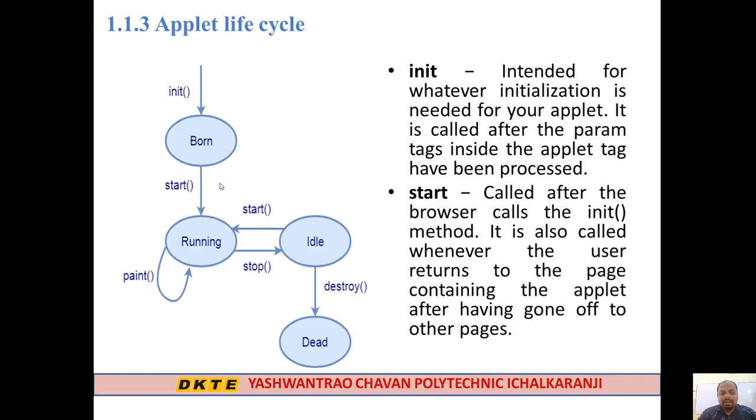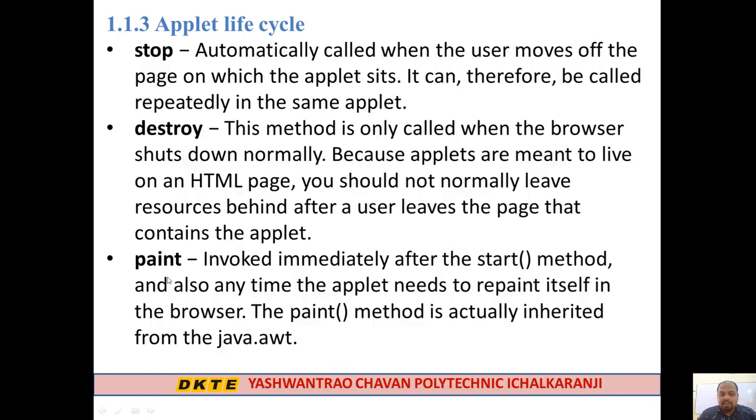Now look at this point, the paint method. This paint method is actually in the picture in this running stage. It is invoked immediately after the start method, and also anytime the applet needs to repaint itself in the browser.